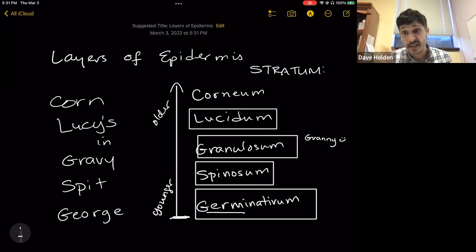When people get really old, they start kind of losing their mind. Stratum lucidum. The word lucid means clear, like lucid dreaming, or the white hair of really old people. This is the final layer that cells will be alive. The cells will die in stratum lucidum.